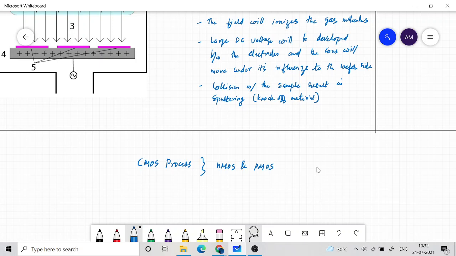But that's not our point; you are already doing that in the software. For creating a NAND gate, you have to have two NMOS and two PMOS in such and such places. Once you have the layout diagrams created in the software, you need to transfer those patterns, dope certain regions in the substrate as N type and P type, and then create the NMOS and PMOS in the places where you require them.